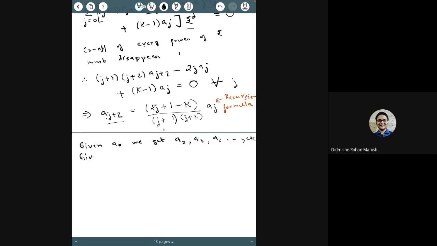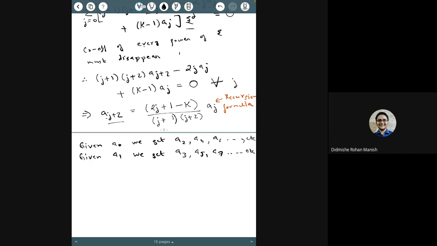Since we are relating j plus 2 to j, it tells you that given a0, we can get a2, a4, a6, etc. And given a1, we get a3, a5, a7, etc. So the coefficients of the even powers of xi are related to each other, and the coefficients of the odd powers of xi are related to each other.